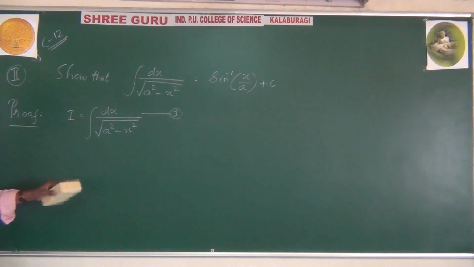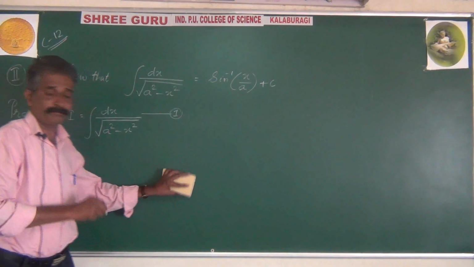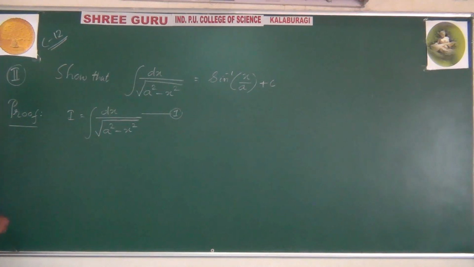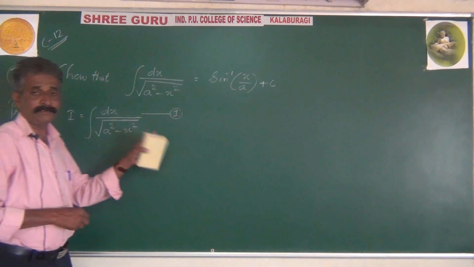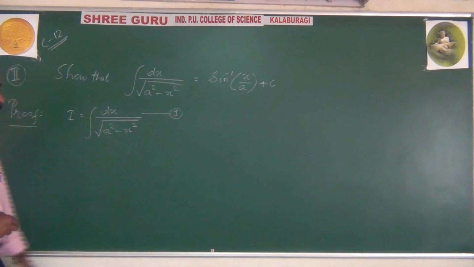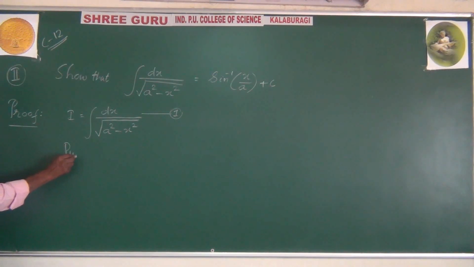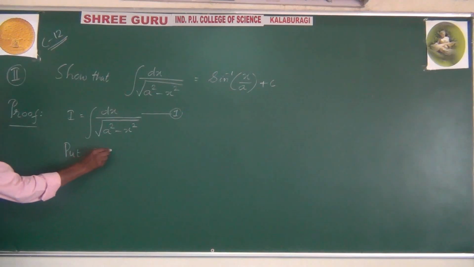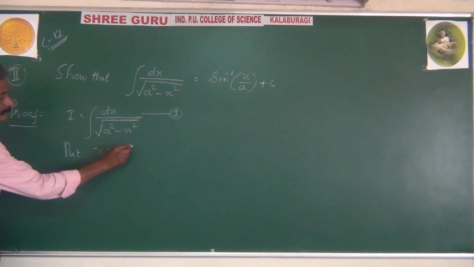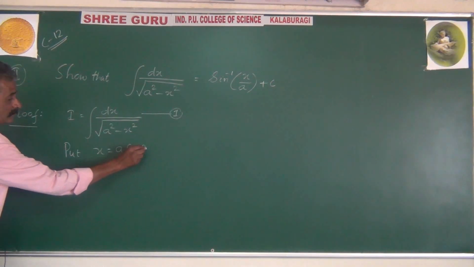Because we have square root of a square minus x square, from our past knowledge already given as a table, whenever there is root of a square minus x square, the ideal substitution is x equal to a sin theta. Put x equal to a sin theta. Call it 2.